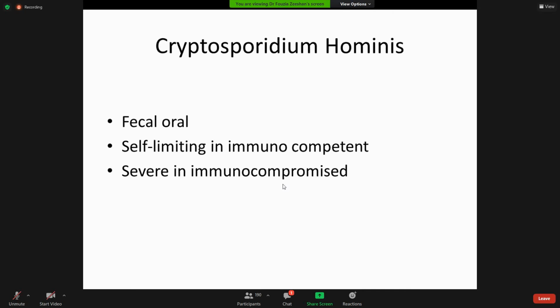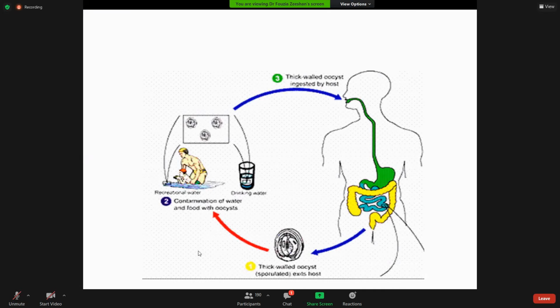The life cycle basically consists of different stages. Contaminated oocysts are taken up in drinking water or food, and the oocyst releases sporozoites which form trophozoites.